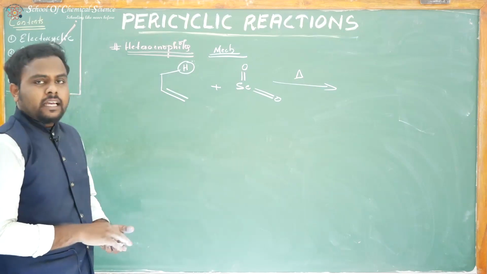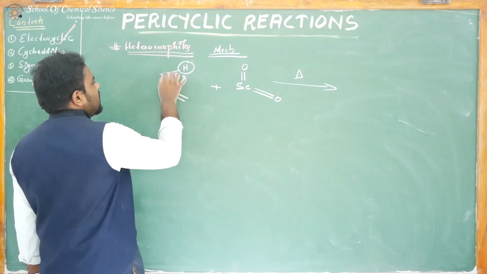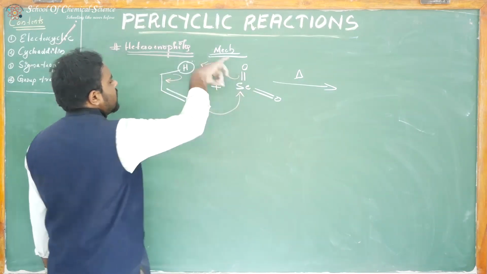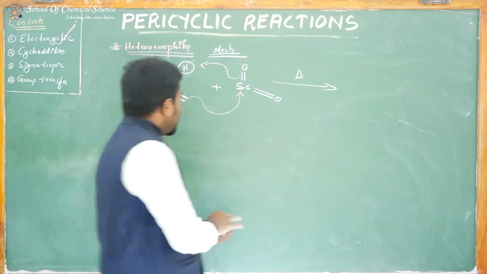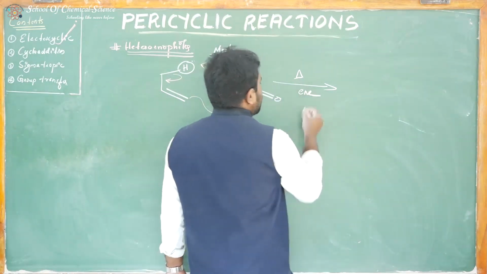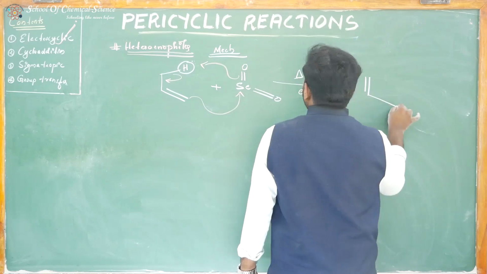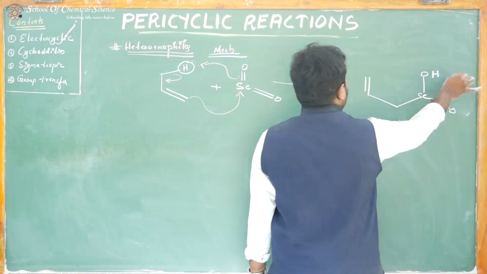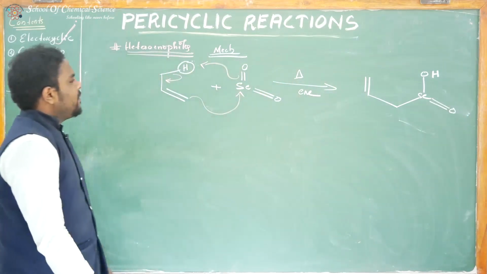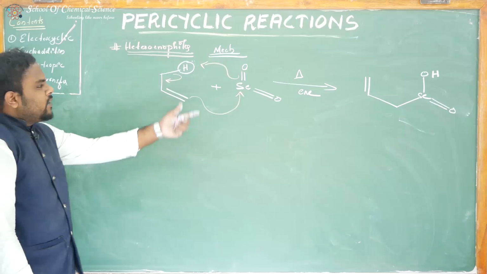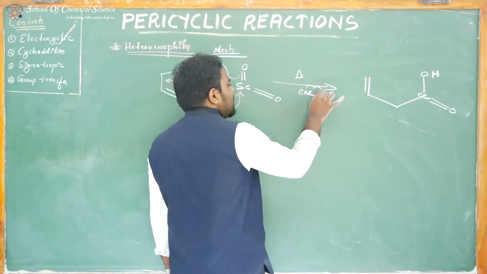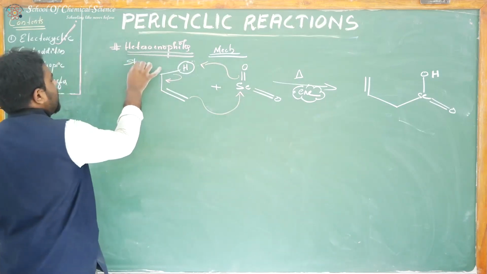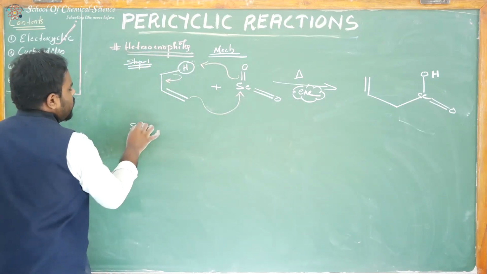Selenium dioxide acts as a heteroenophile. What will be the reaction? This carbon-hydrogen sigma bond makes a pi bond here, towards selenium. Typical ene reaction. Your product will have a double bond, this carbon connected to selenium, double bond to O, which becomes OH. That will be the first step product, which is an ene reaction. Step 1. Step 2.